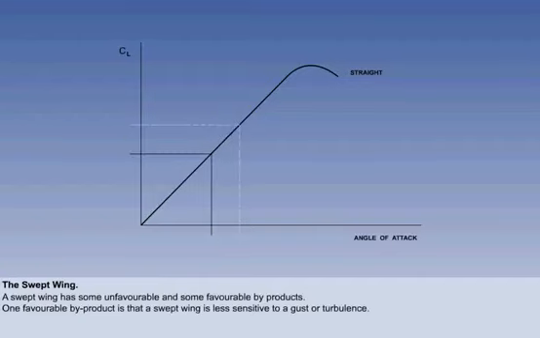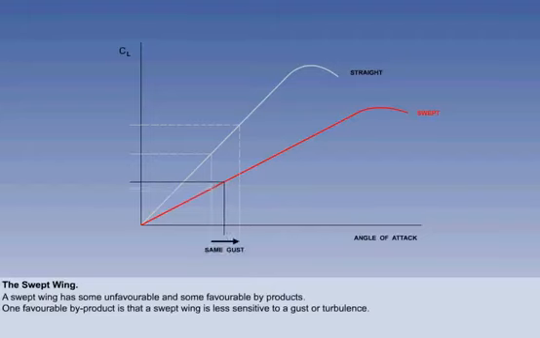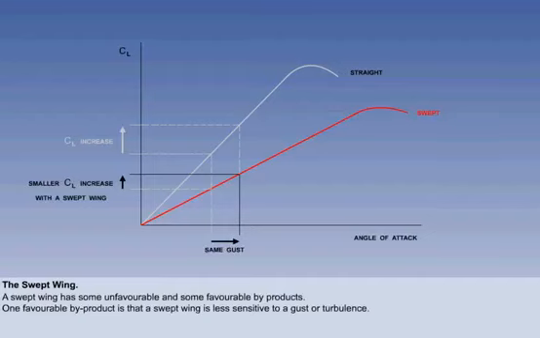If we now reset the graph, we can consider the lift curve of a swept wing for comparison. At the same angle of attack, the lift coefficient of the swept wing is less than that of a straight wing. But because of the reduced lift curve gradient of the swept wing, the same increase in angle of attack will result in a smaller increase in lift coefficient. Therefore, one of the favourable byproducts of a swept wing is that it is less sensitive to changes in angle of attack due to a gust or turbulence.